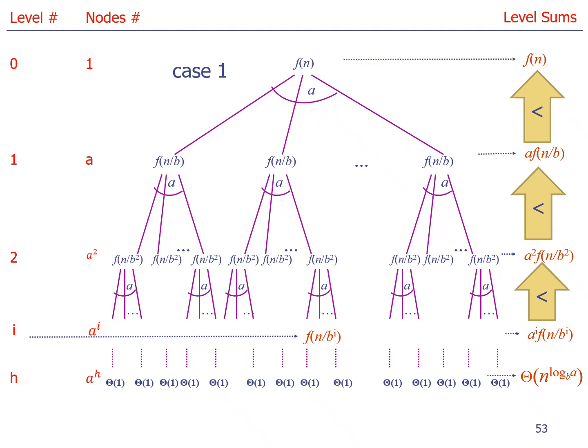And then in the next level, we will do more work. So f of n is less than a of f of n by b, which is less than a squared of f of n by b squared, which is less than, all the way till, a to the i multiplied by f of n by b to the i. And finally, we reach the highest asymptotic order, which is at the leaf level. So there will be a progression of increasing work in all the levels, starting from the root until we do the biggest amount of work at the leaf level.